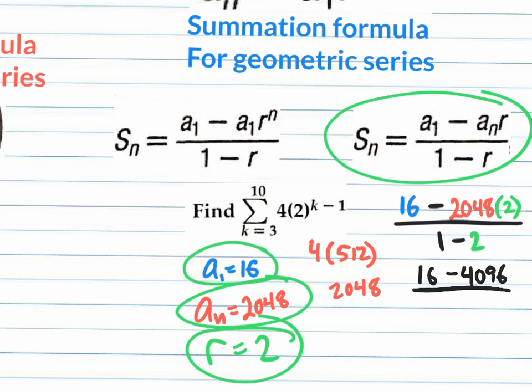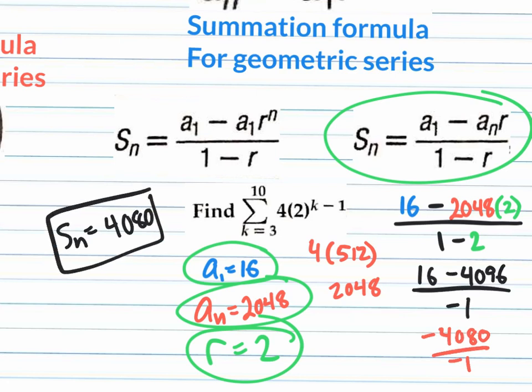It's still divided by that 1 minus 2, which is -1. So what's 16 take away 4096? That answer would be negative 4080. So we have negative 4080 divided by -1. So that will give you a positive 4080. So the summation is positive 4080.